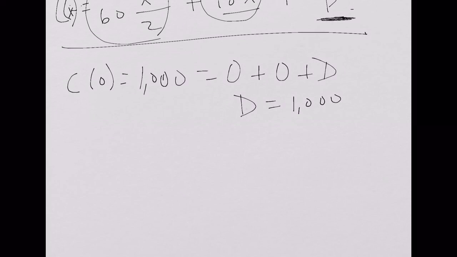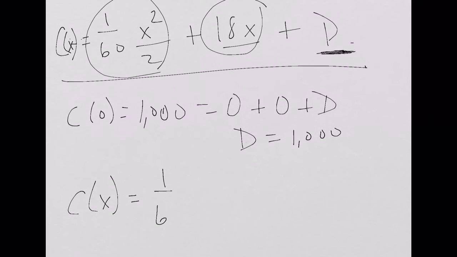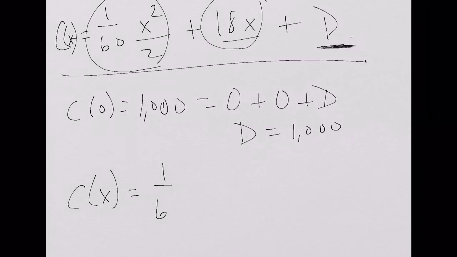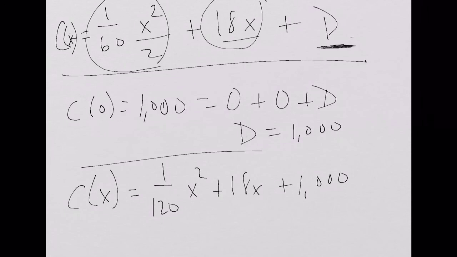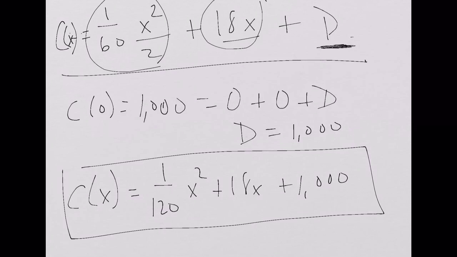Now I can write my full cost equation. It's the 1 over 60. We could simplify a little bit. With that 2 on the bottom, it would be 1 over 120 x squared plus 18x plus 1,000. So this would be the cost function that we started with.